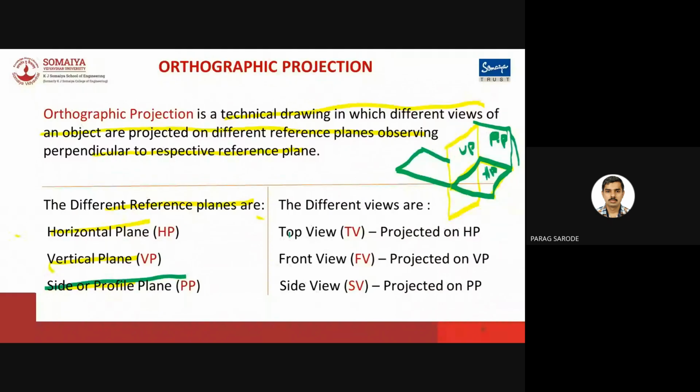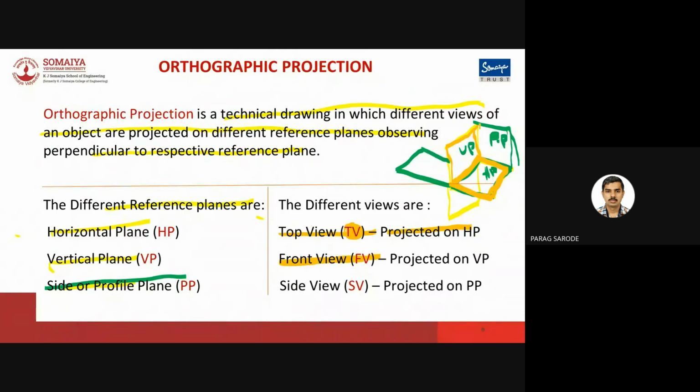Now what do we get? We get the views according to the line of sight. The top view is projected on the horizontal plane. Then, on the vertical plane, we get what is called the front view.